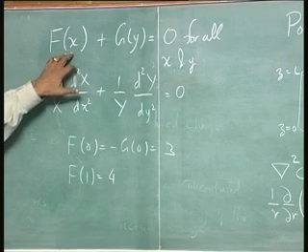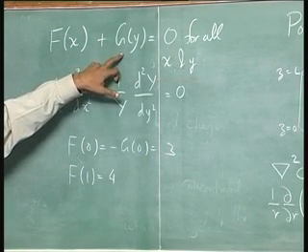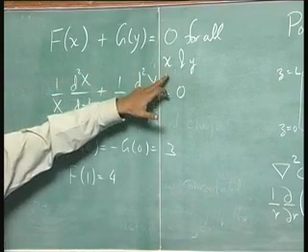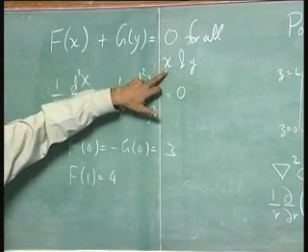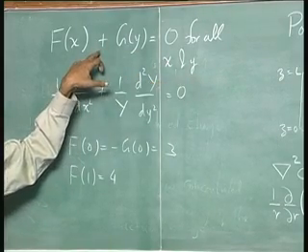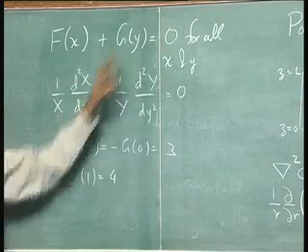Well, it is not possible, because if f of 1 is 4, g of 0 is still minus 3. So, 4 minus 3 is 1, but at the point x equals 1, y equals 0, this equation must hold. So, I can't have 4 minus 3 equal to 0. So, this can't be true.